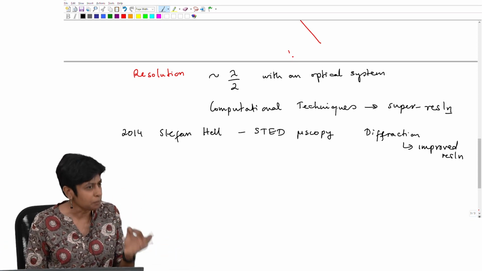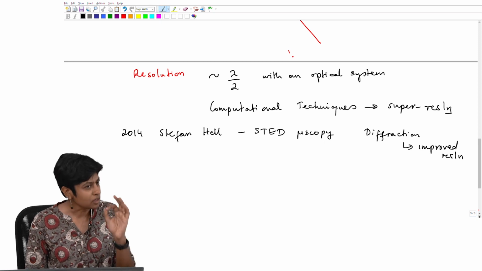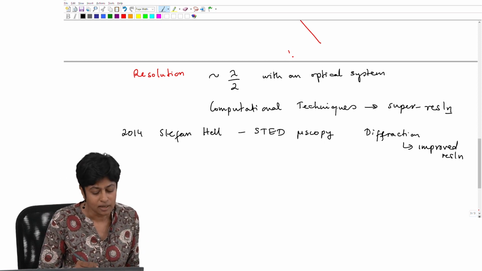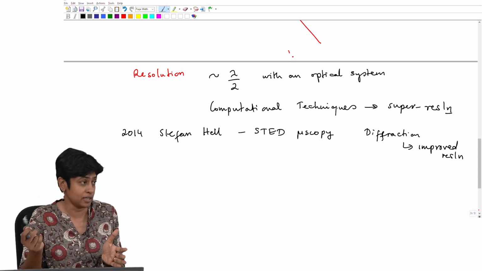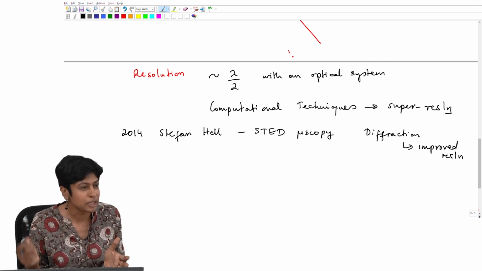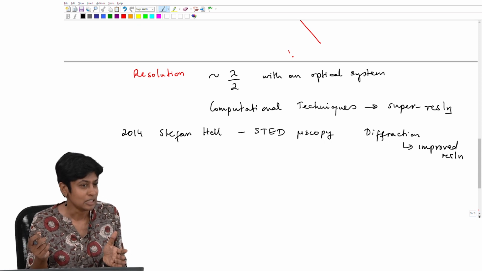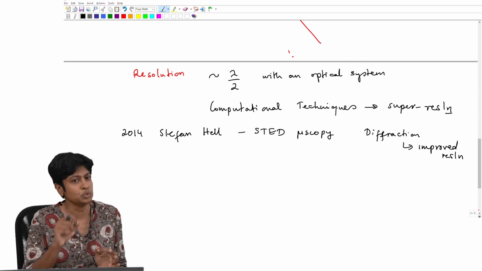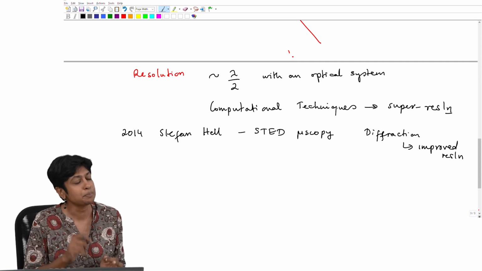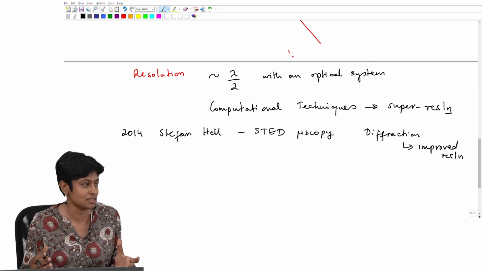How do you think of geometric optics then? Even when I say lower wavelength, you're reducing the wavelength, but reducing it with respect to what? It is reducing the wavelength you're using for imaging with respect to the size of the object that is being imaged.